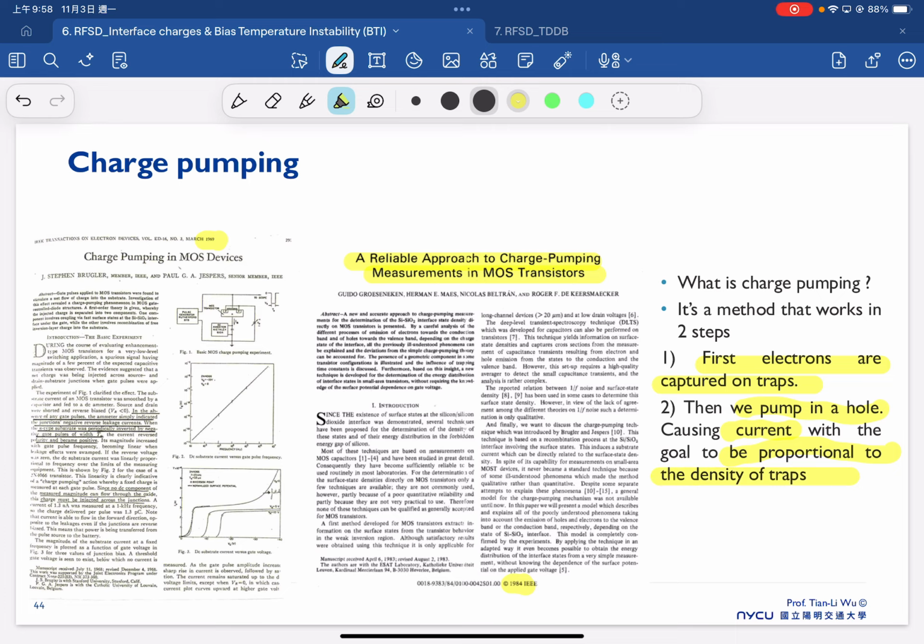So the idea behind it is very simple. First of all, we induce a huge amount of electrons, and we make sure that electrons are captured by the traps. Later we start to pump the holes, and we make sure the holes recombine with this captured electron and become a recombination current. For sure, this current is proportional to the density of the traps.